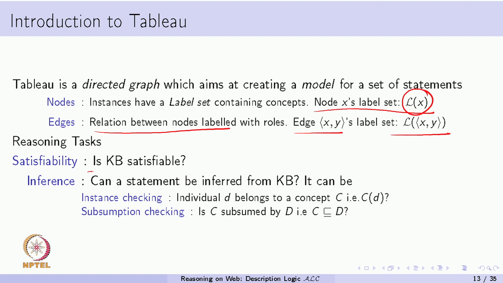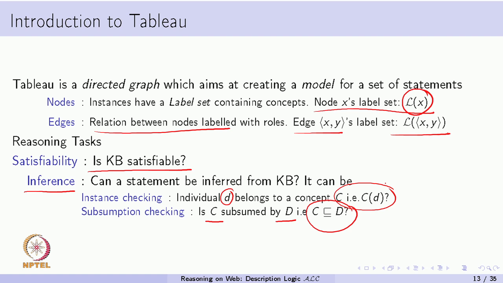Okay. So, what are the reasoning tasks that we are interested in? One of them is, is the knowledge base satisfiable? Then we have this inference task, that is, can a statement be inferred from a knowledge base. Remember that one of the key statements we were interested in is whether a concept C is subsumed by a concept D, or whether an individual belongs to a class D. We will see how all these are done, and in the case of Tableau systems for description logic, we convert everything into showing that something is unsatisfiable.